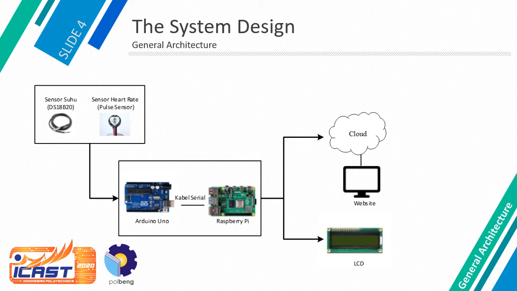After the website has been successfully built, we run hosting so that the website can be accessed using the internet. Then we will import the database to the hosting server. Here the LCD screen, which is connected to Arduino, will immediately display the data when the sensor reads the data.